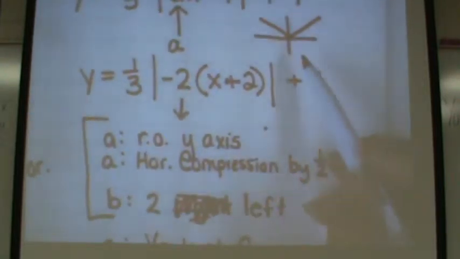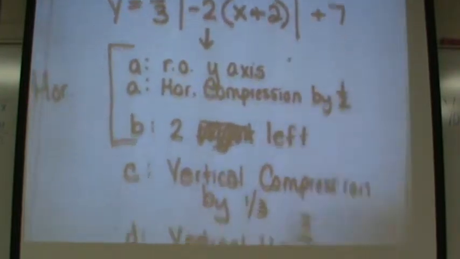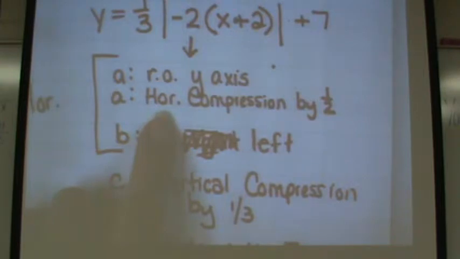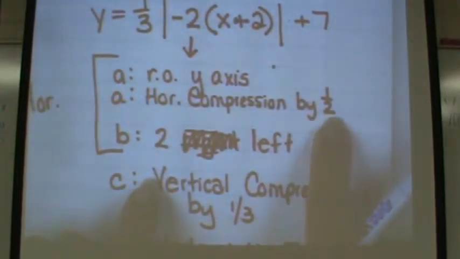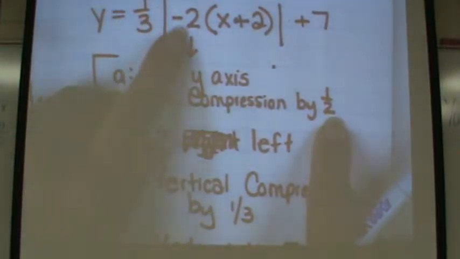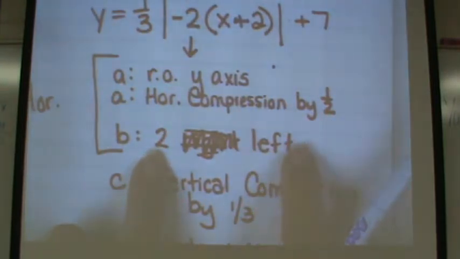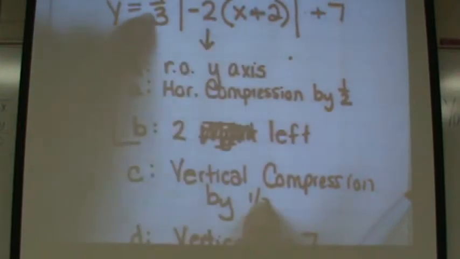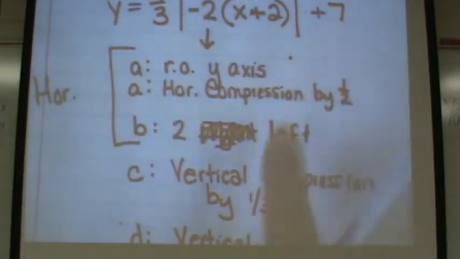If you wanted to do it without a calculator, you would have to do these steps in this order. You're gonna multiply the x value by -1/2. Then you would subtract 2 from those x values. And then you would multiply the y values by 1/3. And then you would add 7 to those y values.